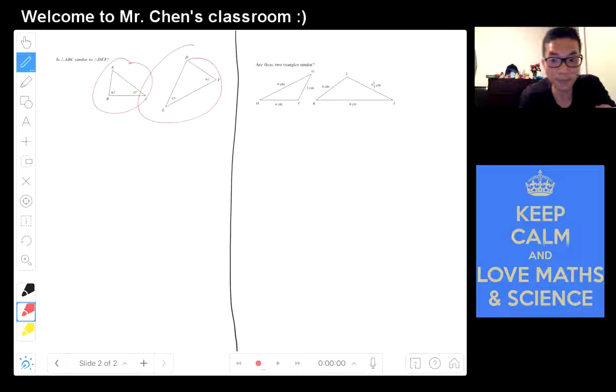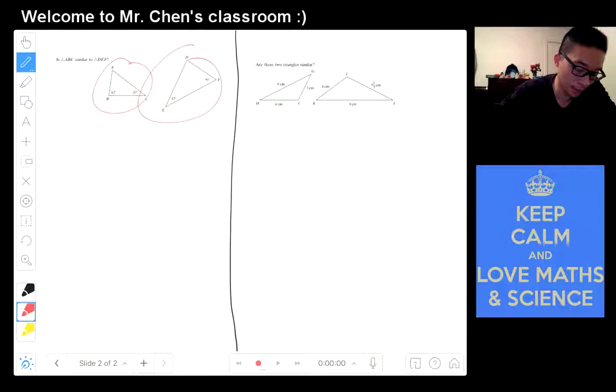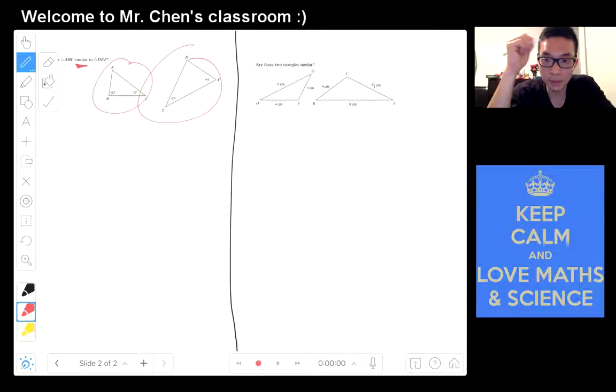So what that means is we need to look at the proportion. The word there is similar, not congruent. Congruent means all the sides have to be the same. And you can't technically tell whether it's congruent from here anyway because there isn't length provided to you. The only things provided to you are two angles, okay?